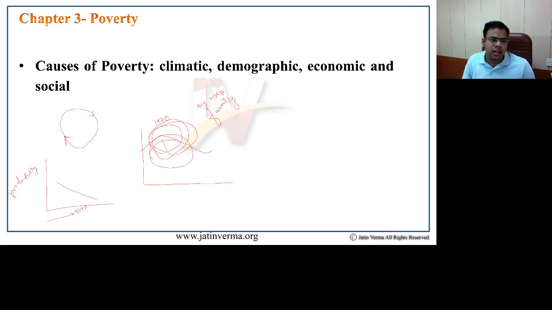We could also understand this from the government's emphasis on education, as well as the constitution directing the government to ensure that education is provided to people, especially those from socially and educationally backward classes. So that shows that education is the agent of social change.